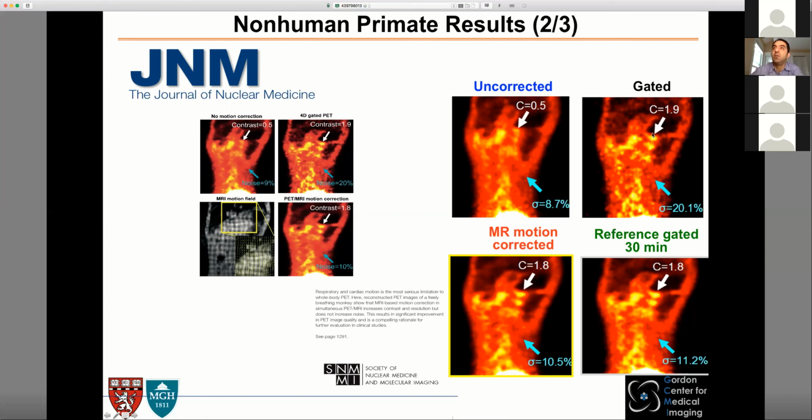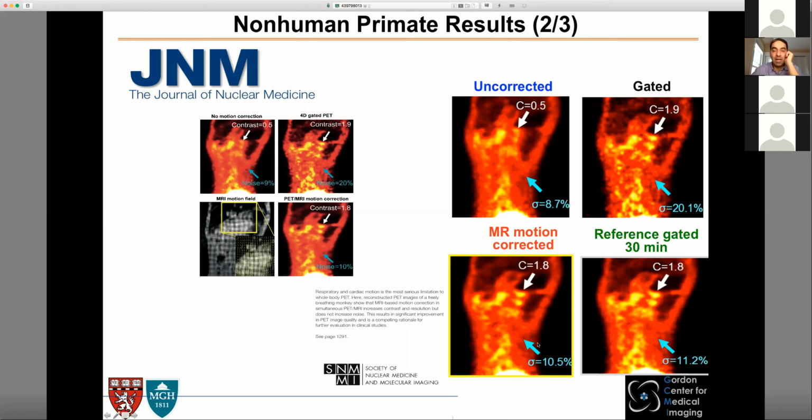And you can see here two lesions that are much better delineated than here, so better contrast. But look, the noise is higher because we have only a subset of the counts that we had here in the case of the uncorrected. So we gained in terms of contrast, but we paid a price in terms of noise.